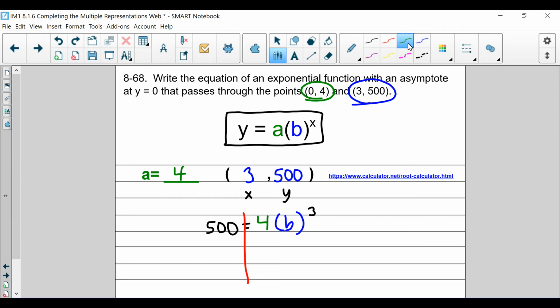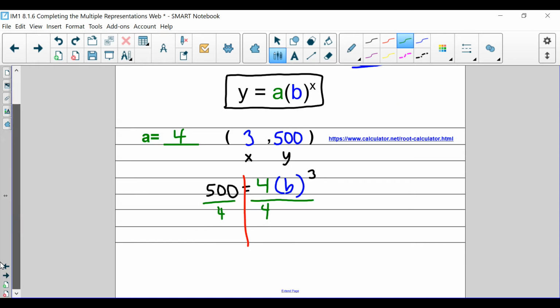We want to get b all on its own. So we're going to divide this by 4, divide this by 4, because we're isolating it. Then 500 divided by 4 is 125, which is equal to b to the 3rd power.